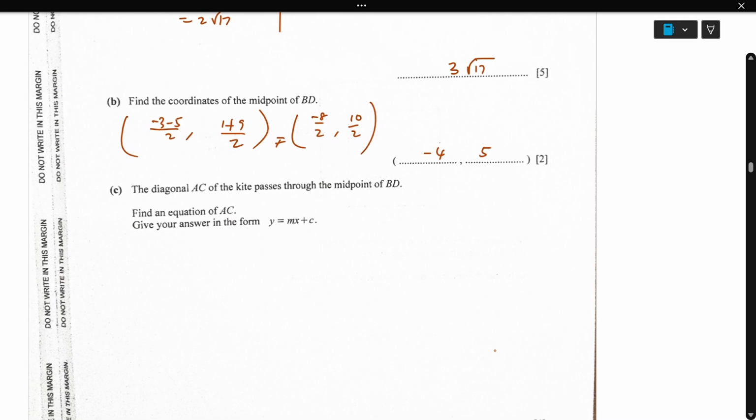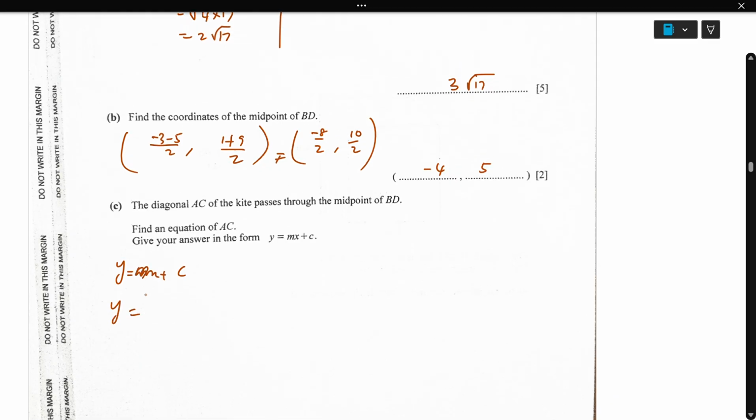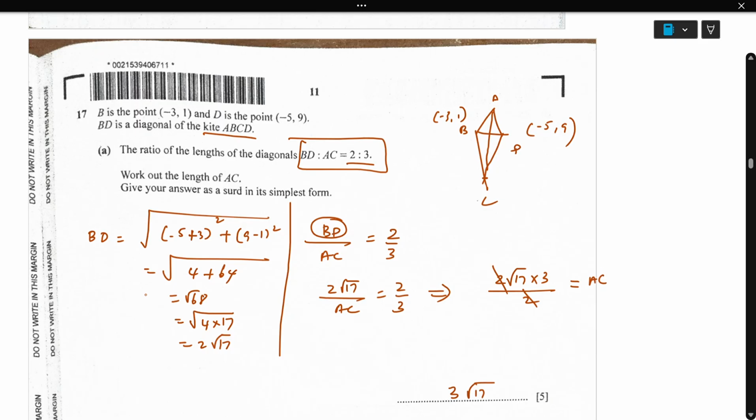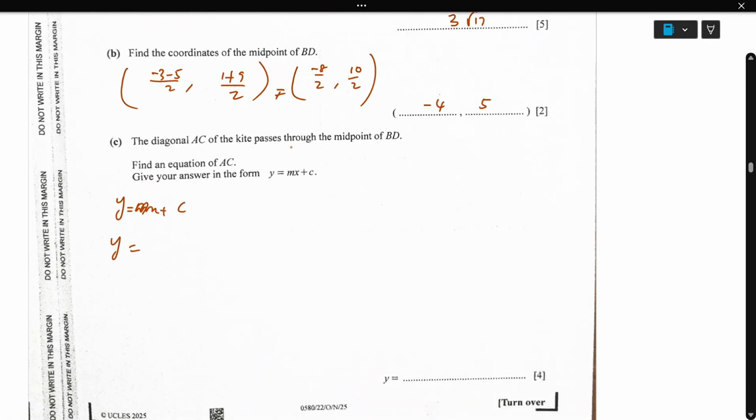Next, the diagonal AC of the kite passes through the midpoint of BD. So find the equation of AC. y equals mx plus c. First we need to find the gradient of BD. So B we have and D we have.